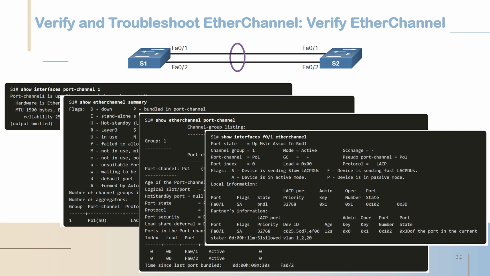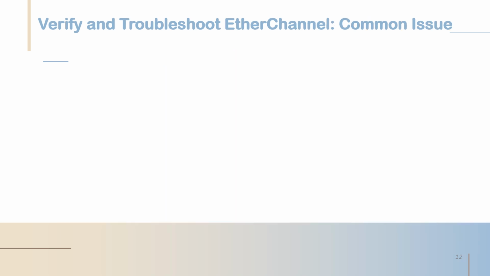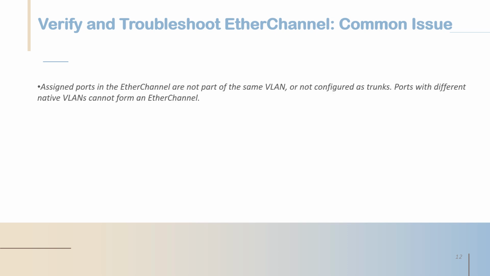So there are some common issues with the EtherChannel configuration. The assigned ports in the EtherChannel are not part of the same VLAN or are not configured as trunks, and ports with different native VLANs cannot form an EtherChannel.